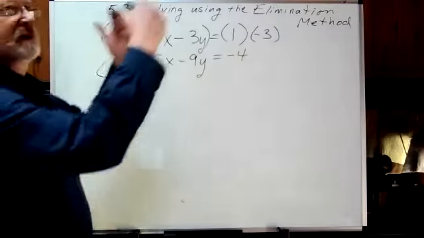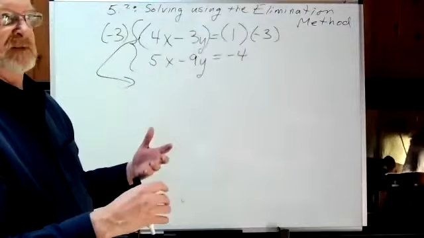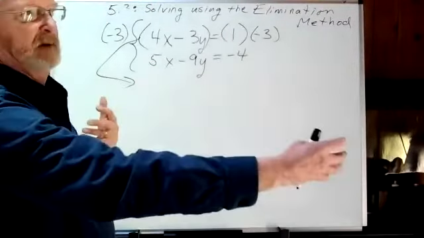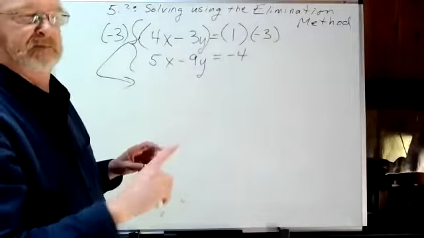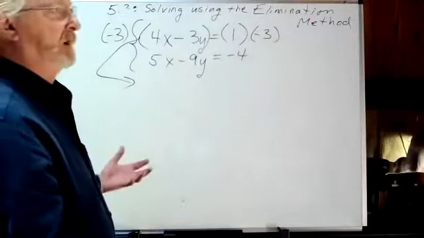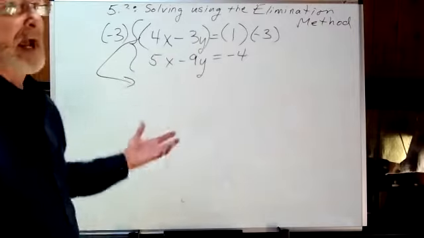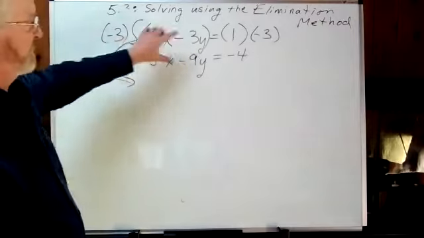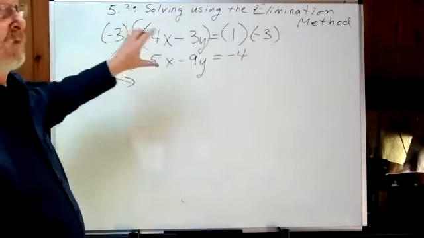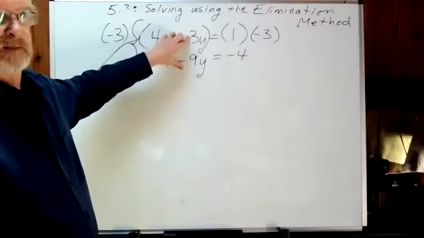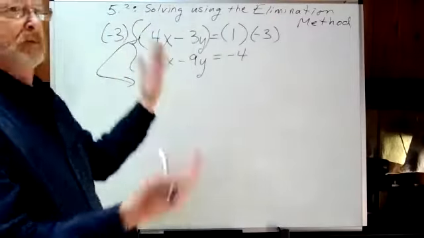When we did the substitution method, it was so that we could get rid of one of the variables, and the whole equation was a combination of only one kind of variable, all x's or all y's. This is another way of doing that. The way it happens is if the numbers on the x's or on the y's are the same number with opposite signs, then when I add them, it will go away.